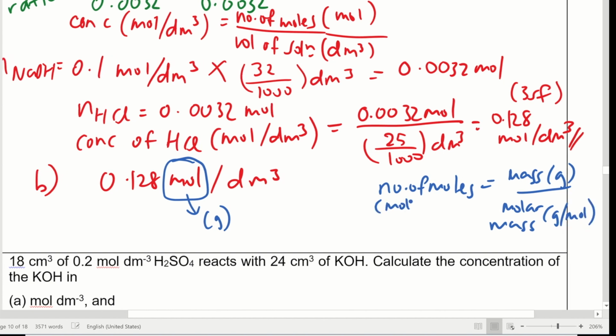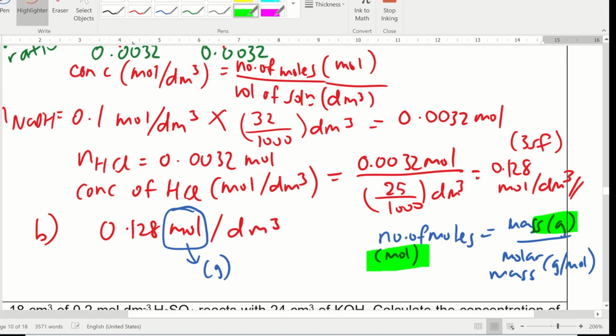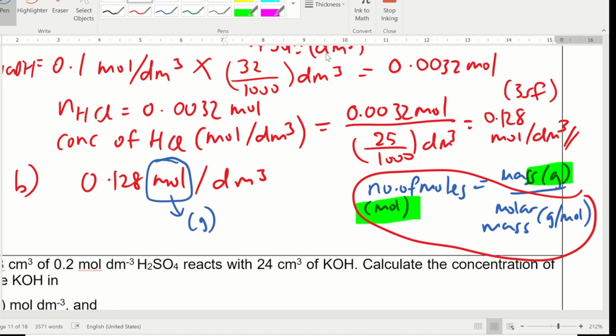I want to convert these moles into gram, so I will need to multiply. Because I'm only changing mole to gram, dm³ stays the same.